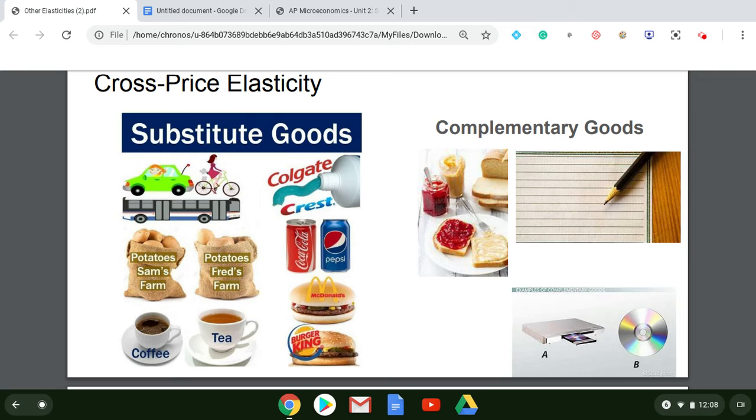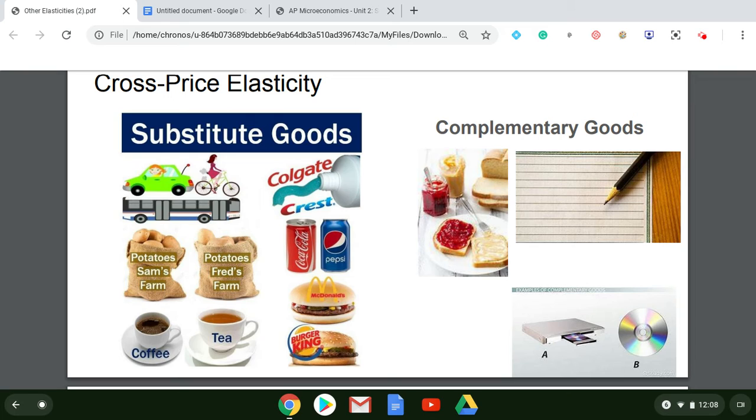Coffee and tea are good substitutes. Totally different products, but they have kind of the same effect. They're both hot caffeinated drinks that people tend to drink in the morning. So if the price of coffee went up significantly, people would probably consume more tea, or vice versa.